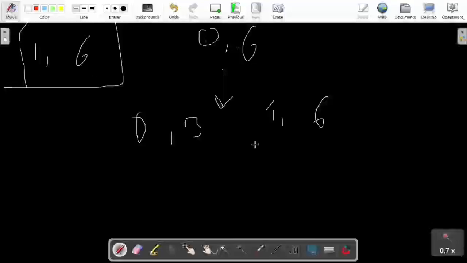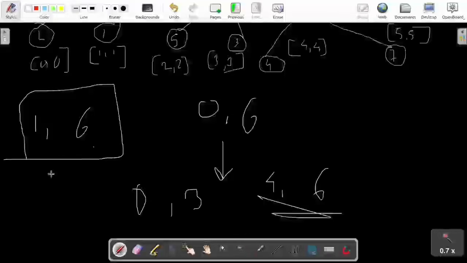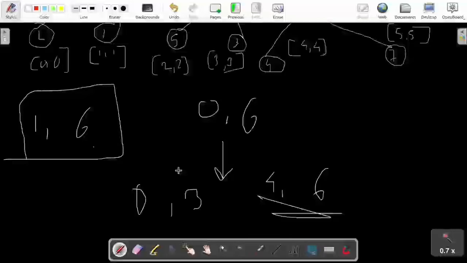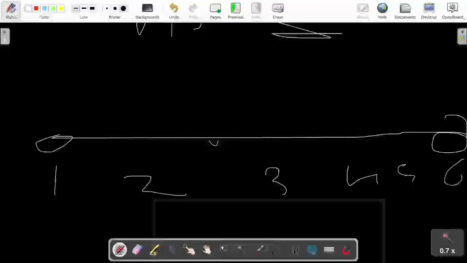Okay, let's process the right child first. Now tell me how 4 comma 6 is overlapping with our question query 1 comma 6. And I think now we have a complete overlap. We want the answer for 1, 2, 3, 4, 5, 6, and we have the answer for 4 comma 6, that is for 4, 5, 6.